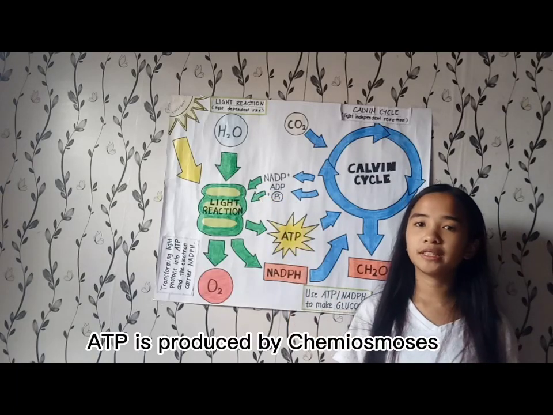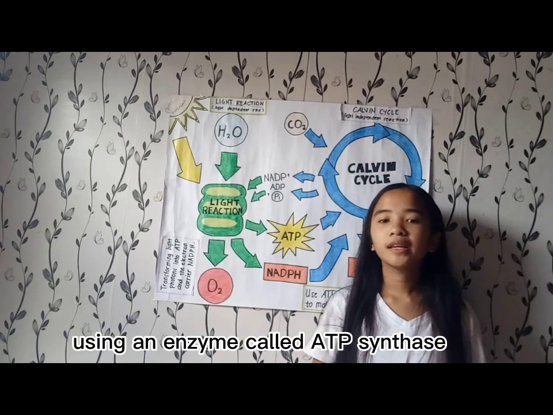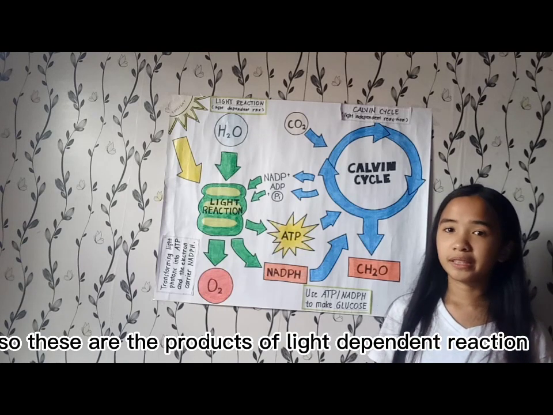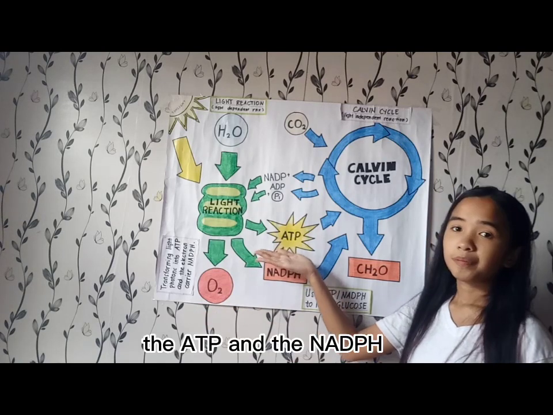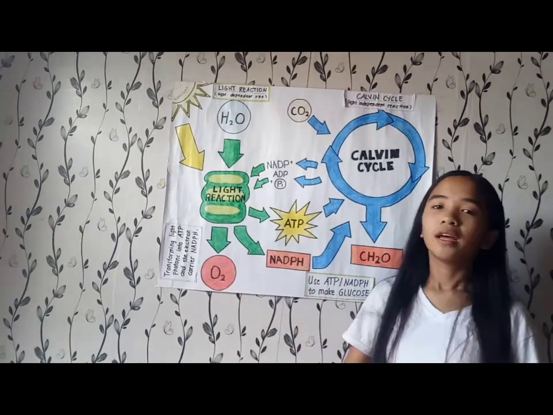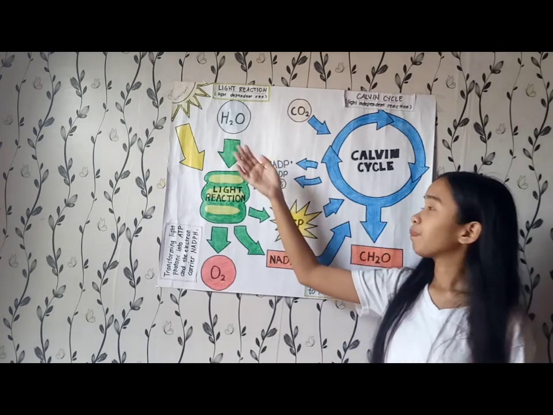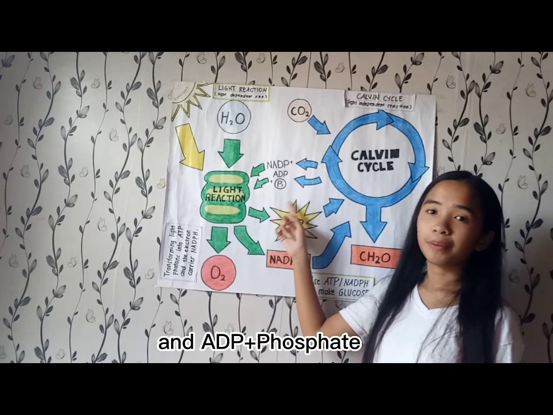ATP is produced by chemiosmosis using an enzyme called ATP synthase. So these are the products of the light-dependent reaction: the oxygen gas, the ATP, and the NADPH. And the reactants are H2O or water, NADP+, and ADP plus phosphate.